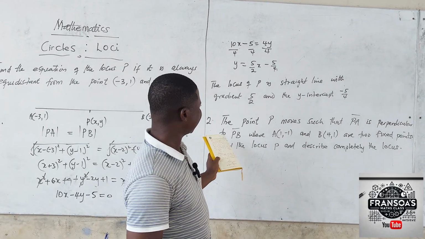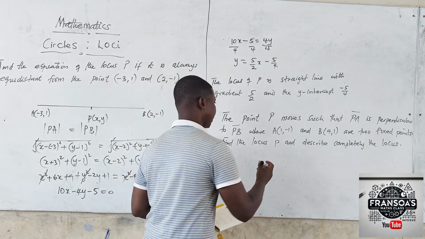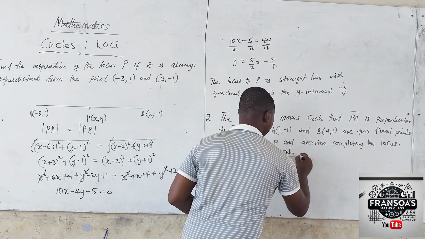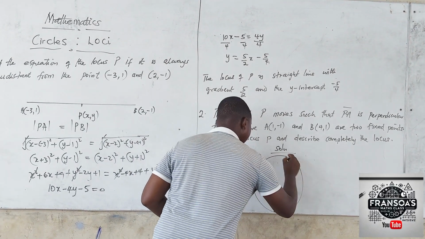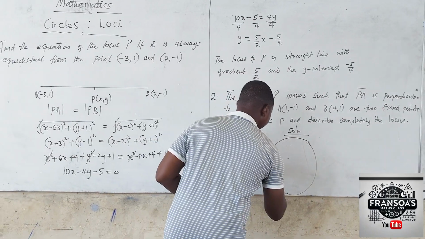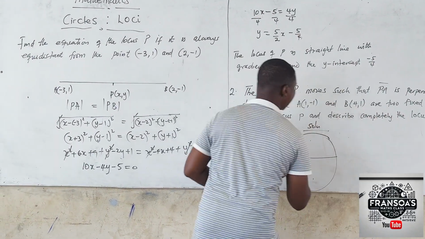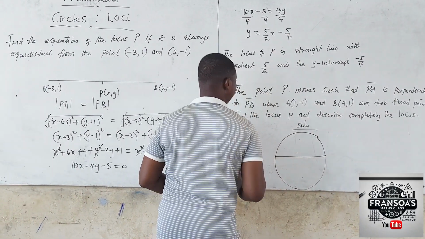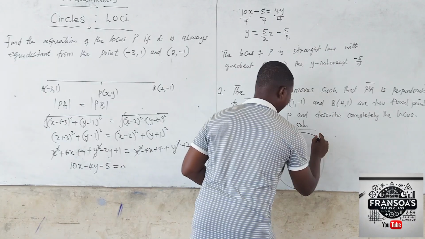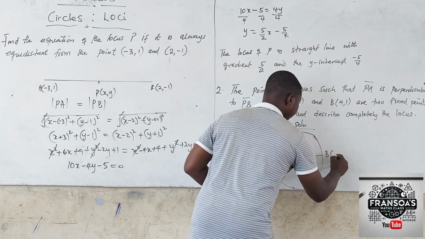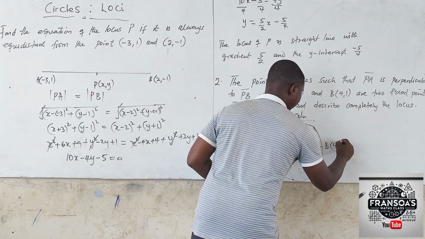So we are saying that this one is perpendicular. If it's perpendicular, it means that we have two fixed points. Our first point A has been given as (1, -1), and our next point B is (4, 1).